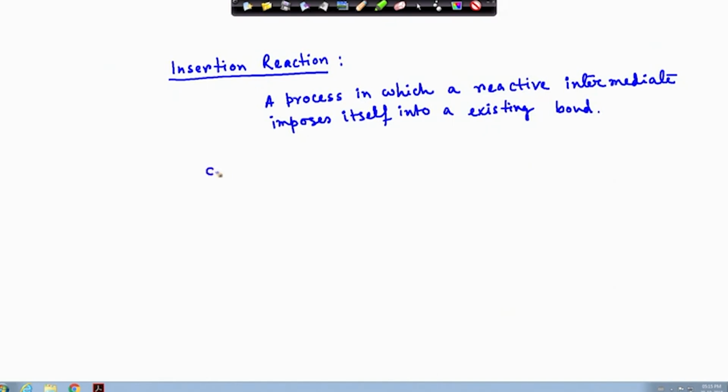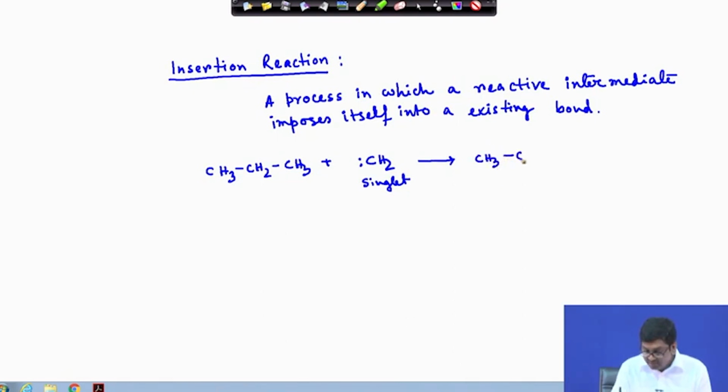As an example, we take this n-propane with the carbene species. This is a singlet. In one step, because these are concerted reactions, what will it give? Here we see these bonds.